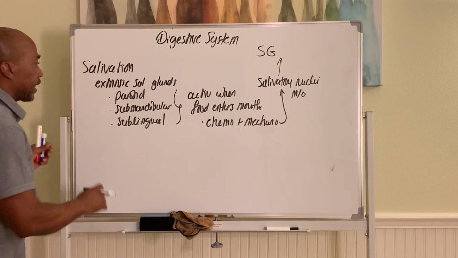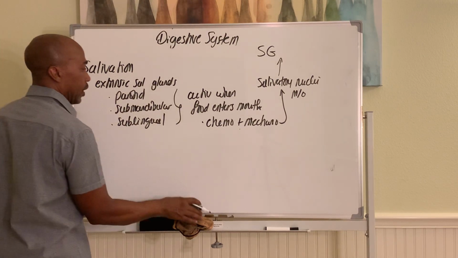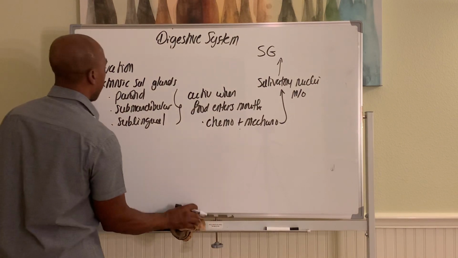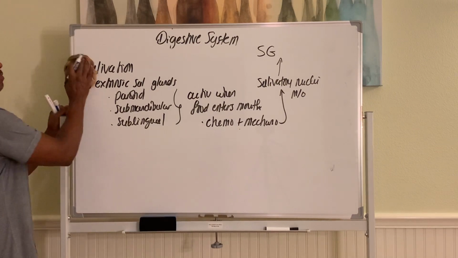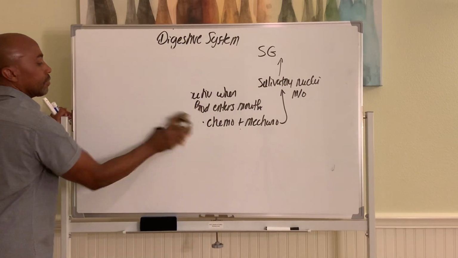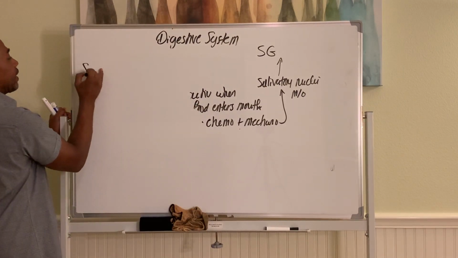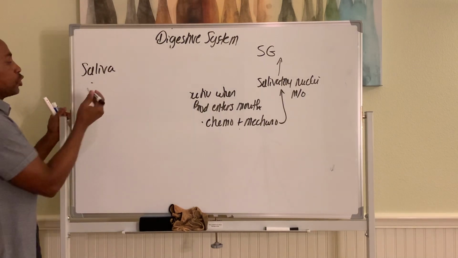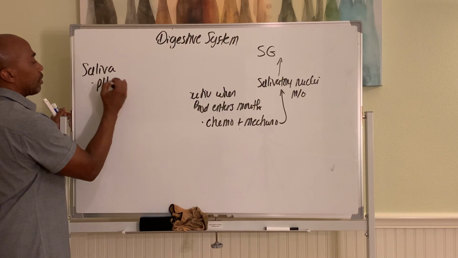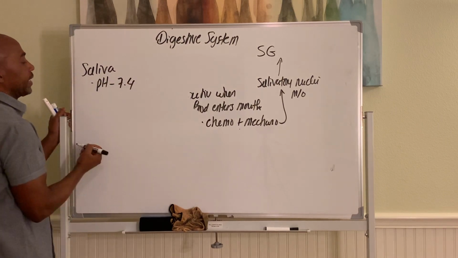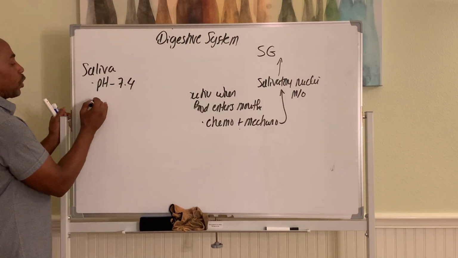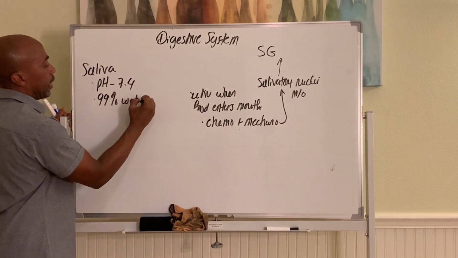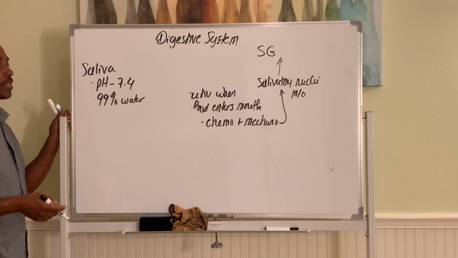And then the saliva that is produced has some properties. So let's look at saliva. Saliva has a neutral pH of around 7.4. It is mostly water, 99% is water, but it also has some other critical things.